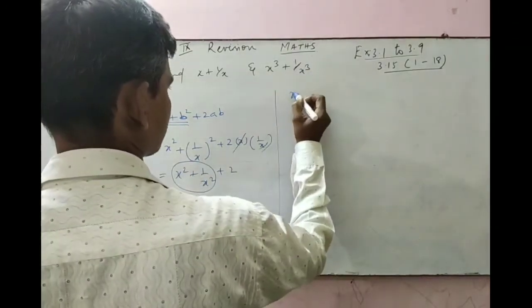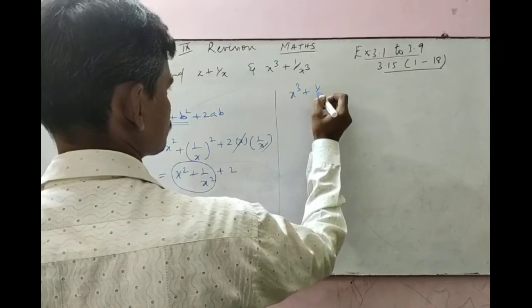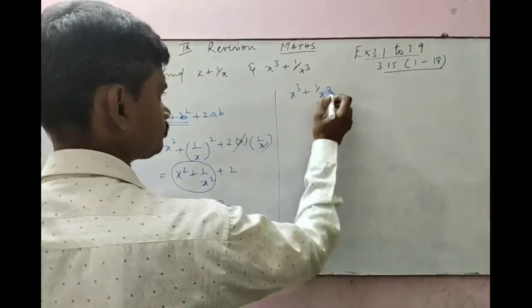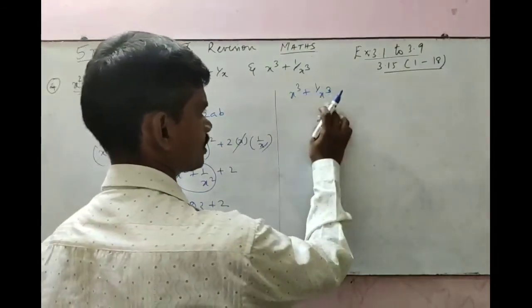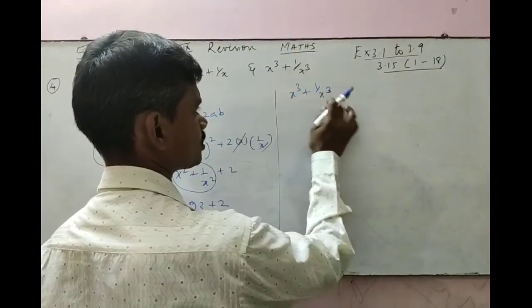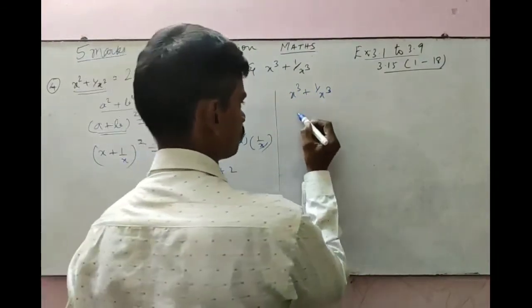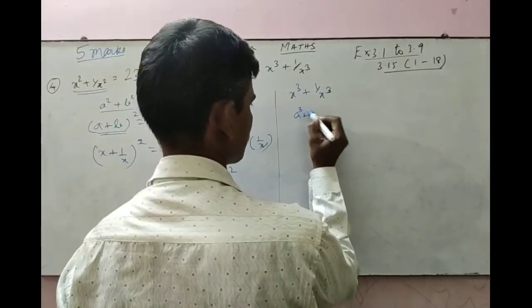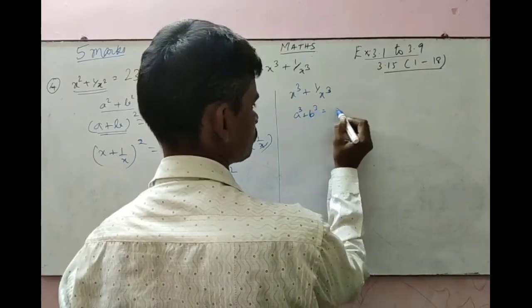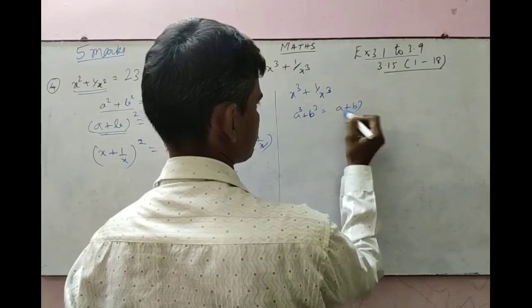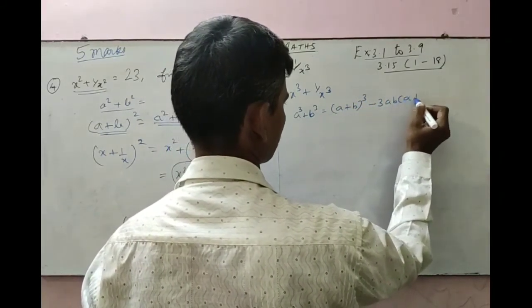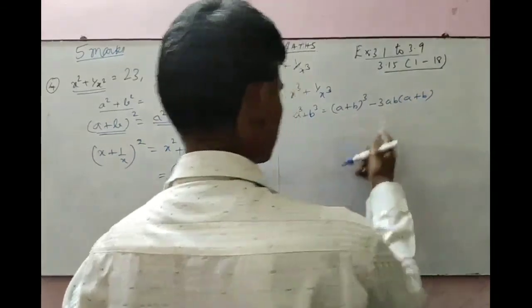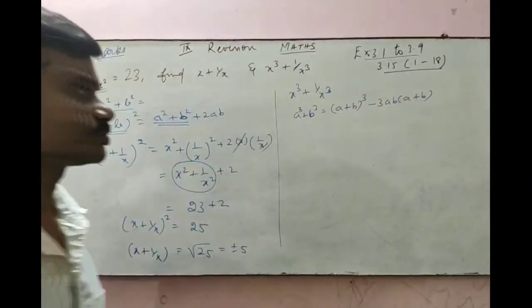Next I am going to find x cube plus 1 by x cube. Like the last sum, x cube plus 1 by x cube is in the form of a cube plus b cube. So what is the formula for a cube plus b cube? We used a plus b whole cube minus 3ab into a plus b. This is the formula we used in the last sum also.